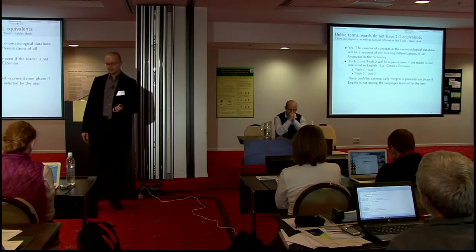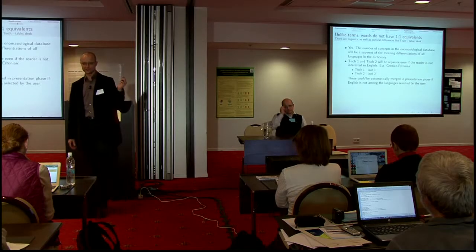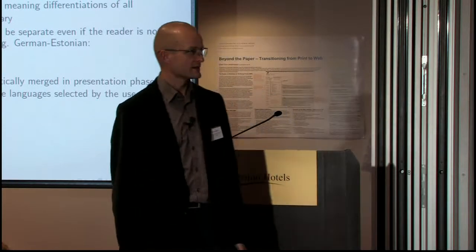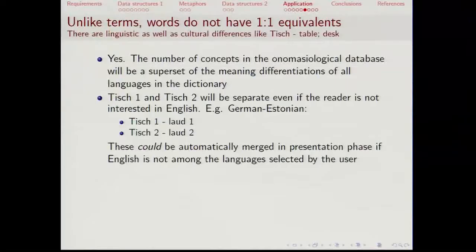This creates a problem for the lexicographers if I have more, or possibly many more, languages in my dictionary than 2. For instance, if I have 3 languages, English, German, and Estonian, and I add Estonian to this particular example, then German Tisch 1 and Tisch 2 would both be laud in Estonian. And this would be counterintuitive for the user to see that Tisch 1 is laud 1 and Tisch 2 is laud 2, and we don't know what the difference is between them.